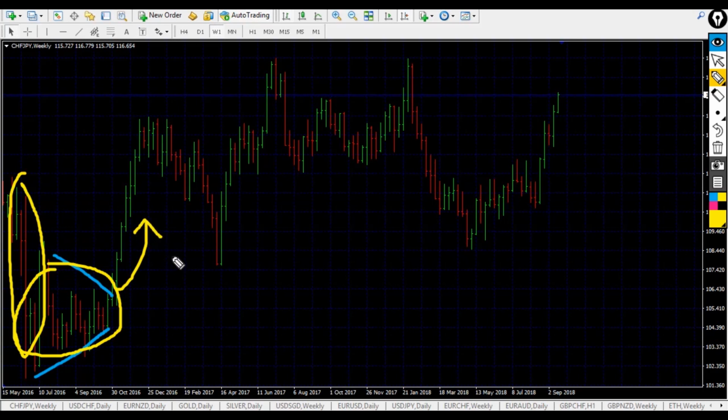So the beauty about trading Forex is that we don't need to stick to a specific way whereby I need to only sell or only buy. We can trade in either direction.